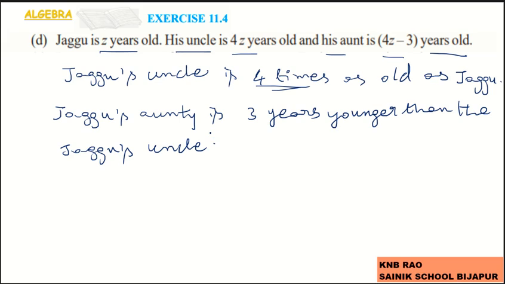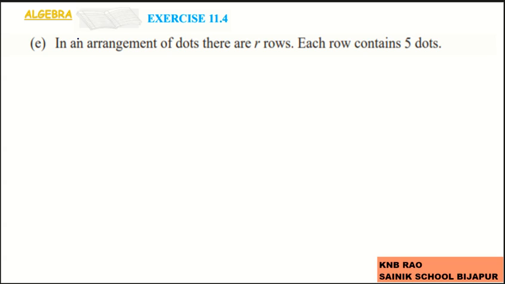Coming to sub question E: in an arrangement of dots, there are r rows and each row contains 5 dots. So, in an arrangement of dots, there are r rows. Each row contains 5 dots.